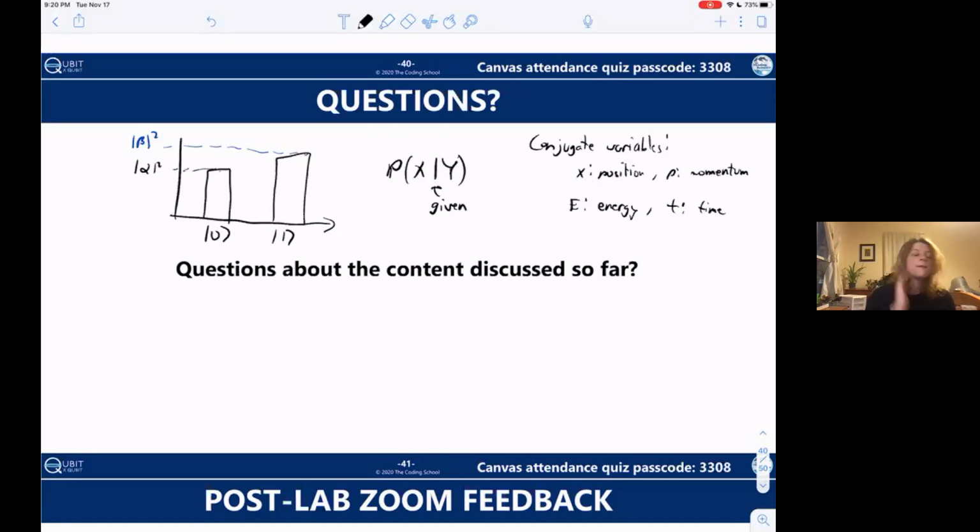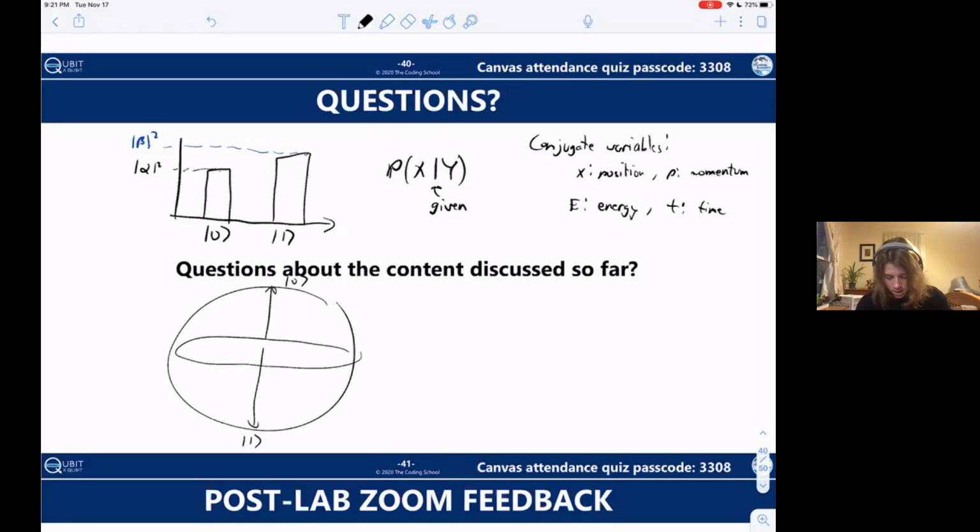Okay. I don't have any more questions right now, but I've gotten a question from Rohan about what these states are. Oh yeah, I didn't actually note these in the Bloch sphere. If we take our 0 state to be up here and our 1 state to be down here, let's do the equator. Maybe our plus state is over here and our minus state is over here.